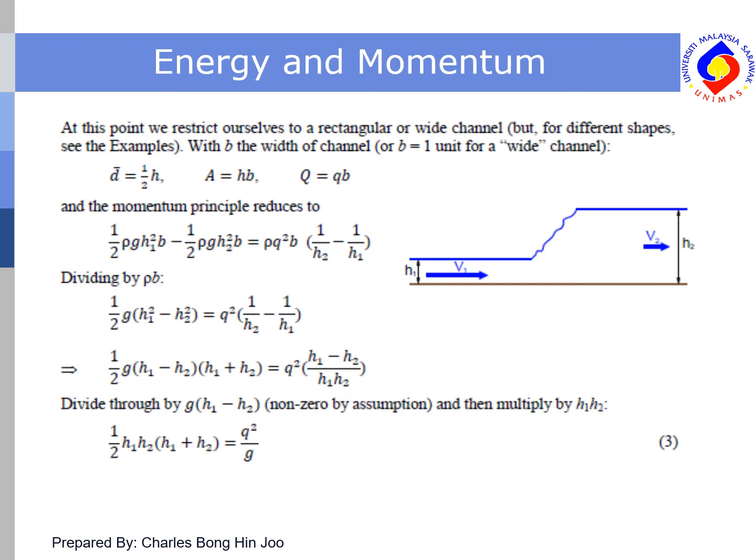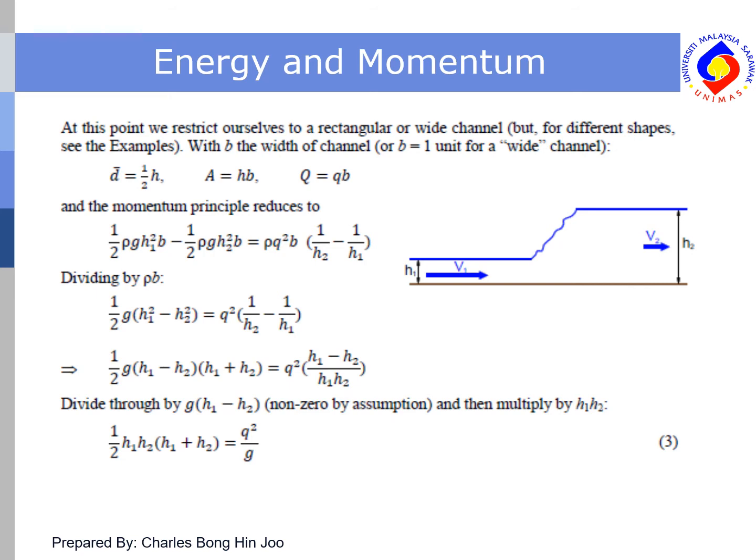Then the momentum principle will be reduced to 1 over 2 rho g h1 square b minus 1 over 2 rho g h2 square b equal to rho q square b in the bracket 1 over h2 minus 1 over h1.